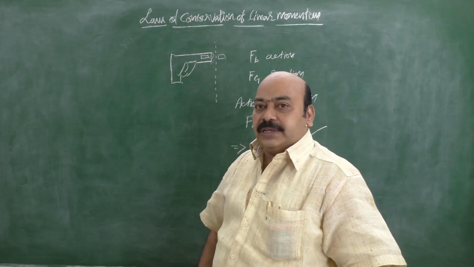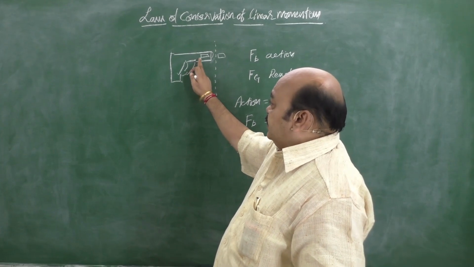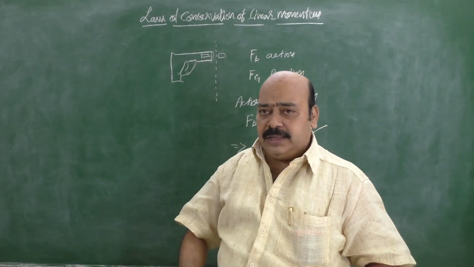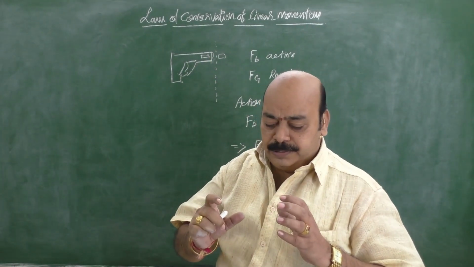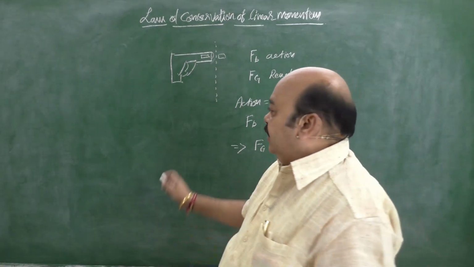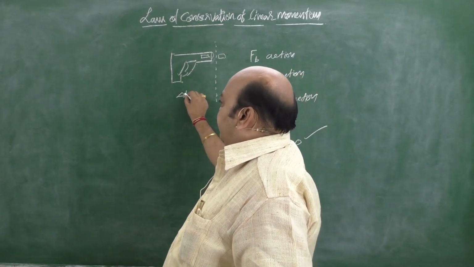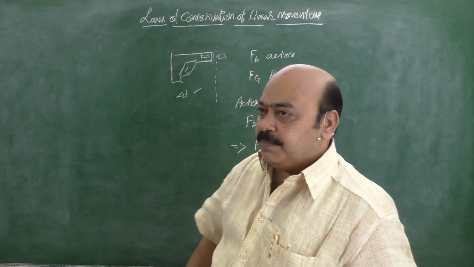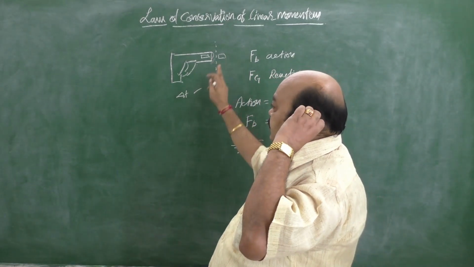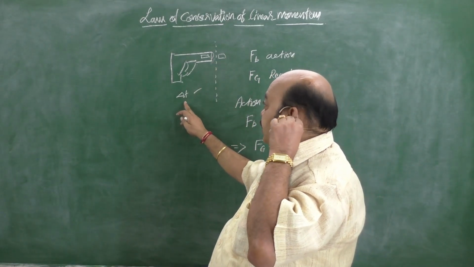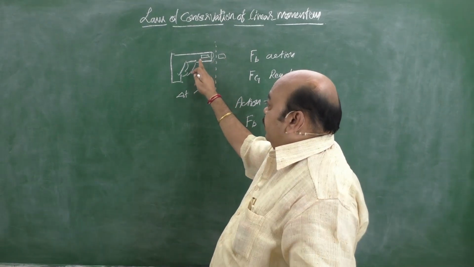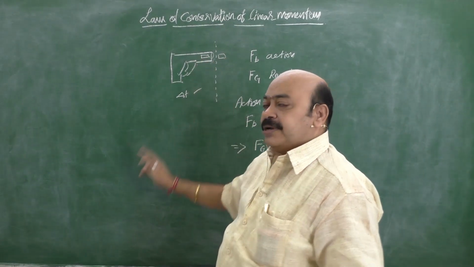And one more important thing is, the forces exerted on the bullet and the gun act during the same time. Let delta t be the time in both cases. That means this is acting on the bullet for a time delta t, and the bullet exerted force on the gun for the same time.